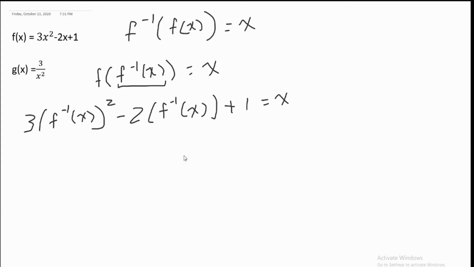From here, what we want to do is solve for f of x in order to find it. So what we should do here is subtract. So x minus 1 equals 3. Now this is what we want to solve for. f of -1 x squared minus 2 f of -1 x.